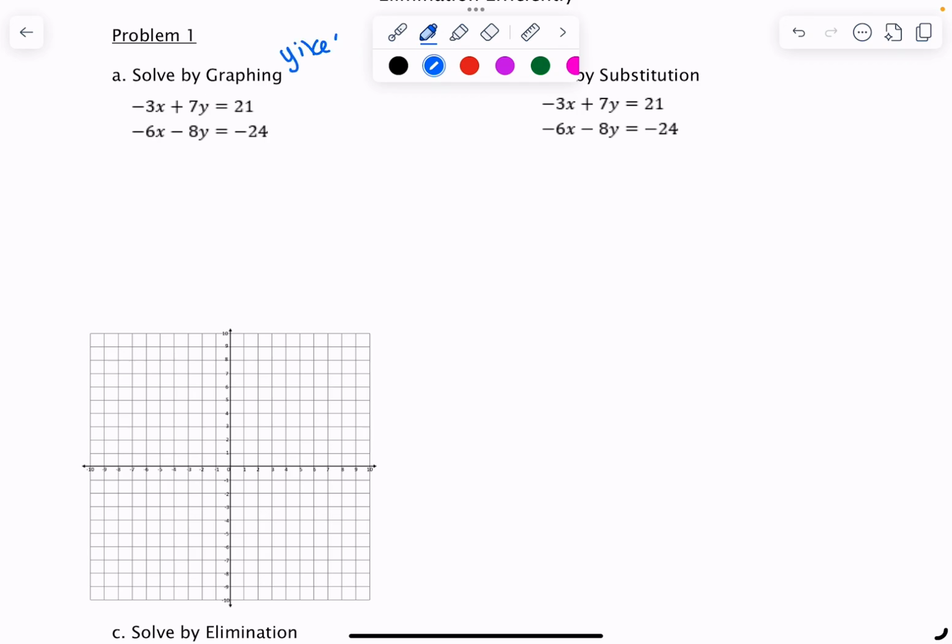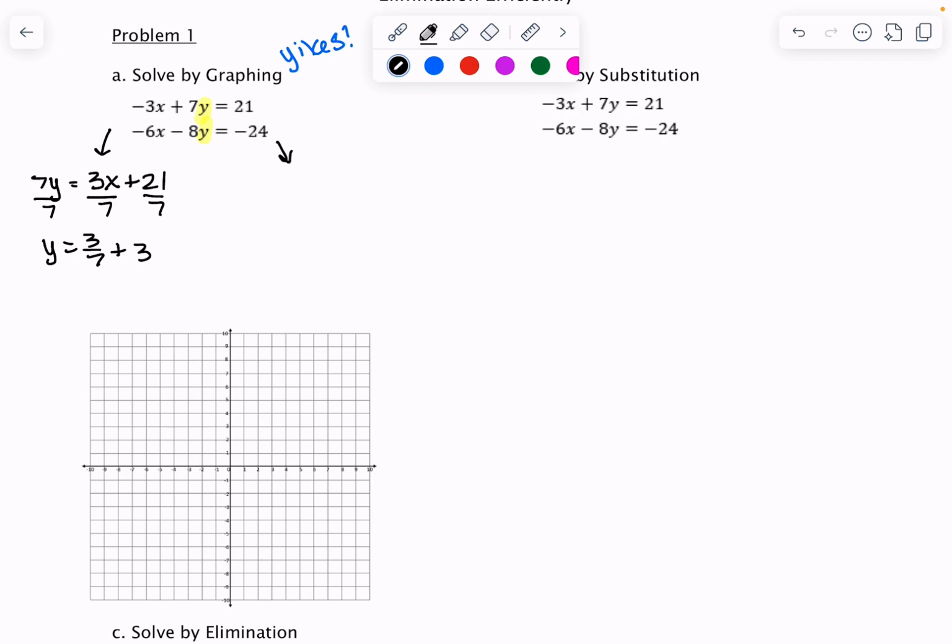And if you're wondering why, it's because we don't have y alone here. We don't have y equals mx plus b. So we're going to have to get that y equals mx plus b. I'm going to rewrite this. I have to write 7y equals, add the 3x over, and get 3x plus 21. Divide everything by 7, I get y equals 3/7 x plus 3.